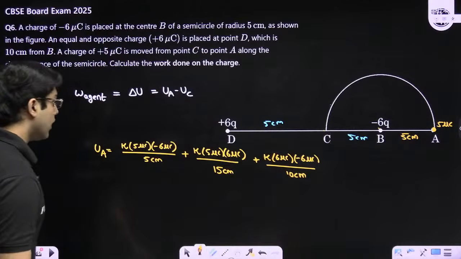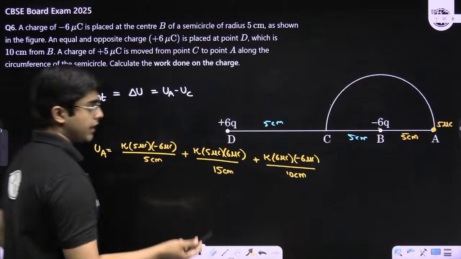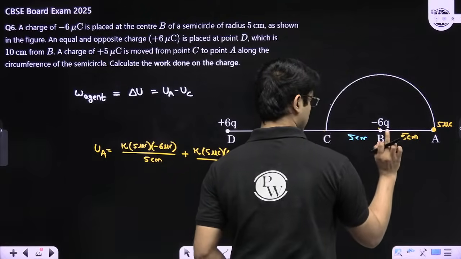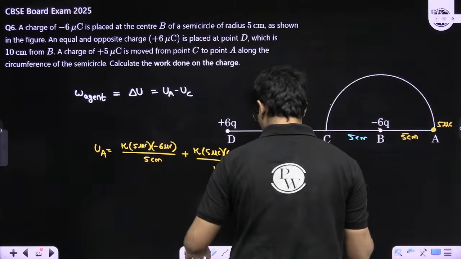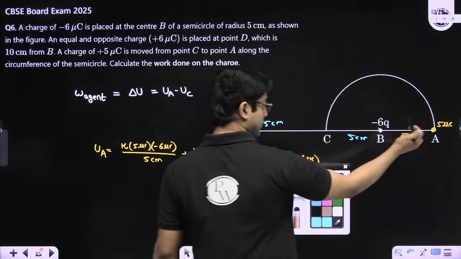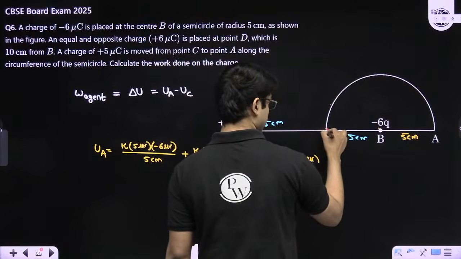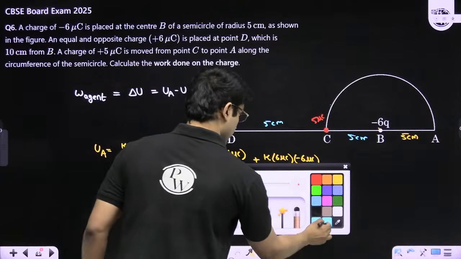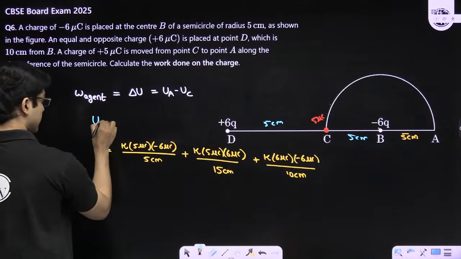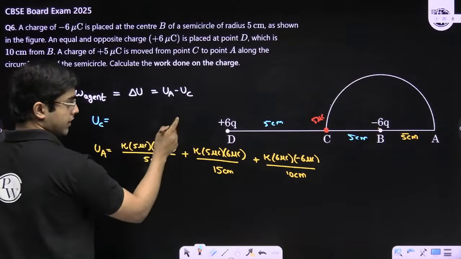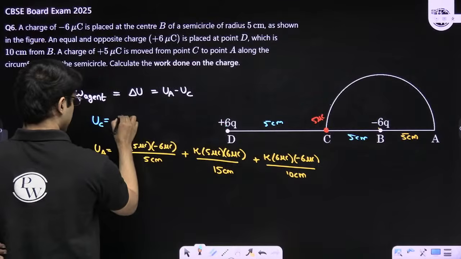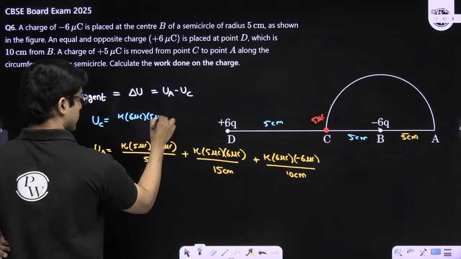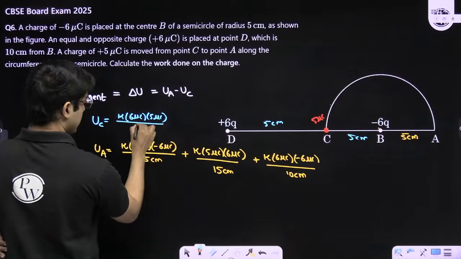Now this is actually UA, right? This is the final potential energy of the system. Initially the 5 microcoulomb was over here. Let's call that UC. Once again write everything. Between plus 6 and plus 5, it is K into 6 into 5, and the distance between them is 5 centimeter.